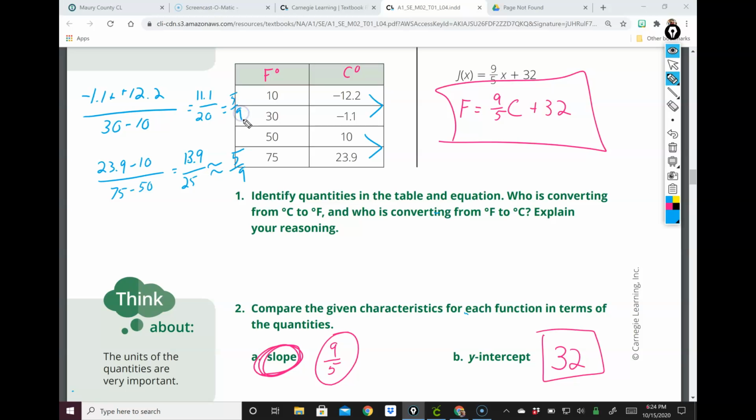We get close. So the slope is supposed to be 5 over 9. The y-intercept for Greg's table is negative 17.75 degrees Celsius.